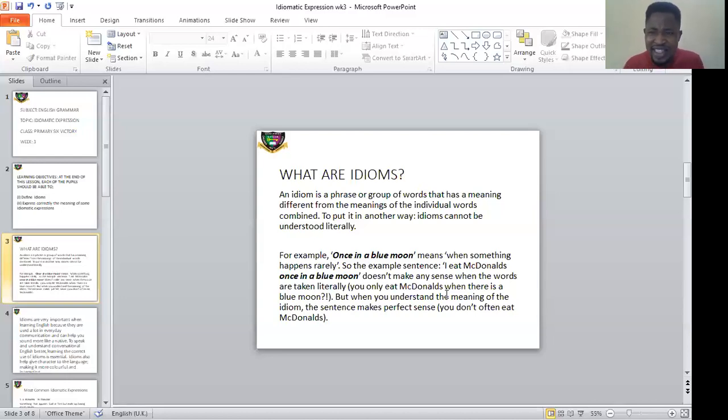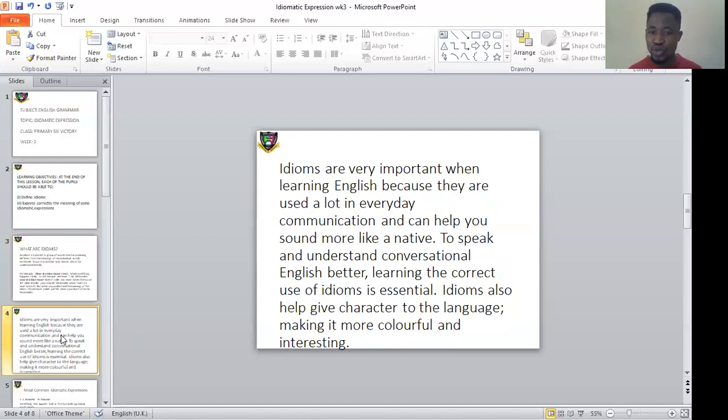No, it doesn't make any sense. So the only sense we can make out of this, since we know that once in a blue moon means rarely, occasionally, or once in a while, what that sentence simply means is that you don't often eat McDonald's. Do you get that? All right, let's go to some other examples.